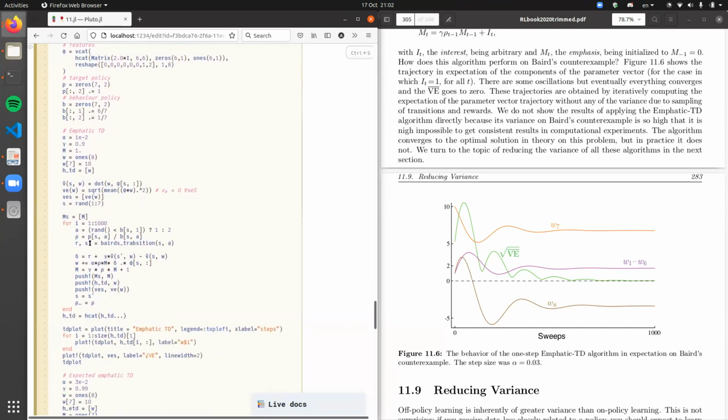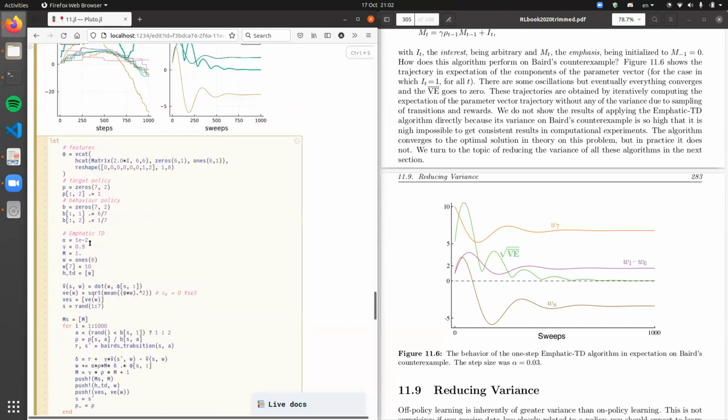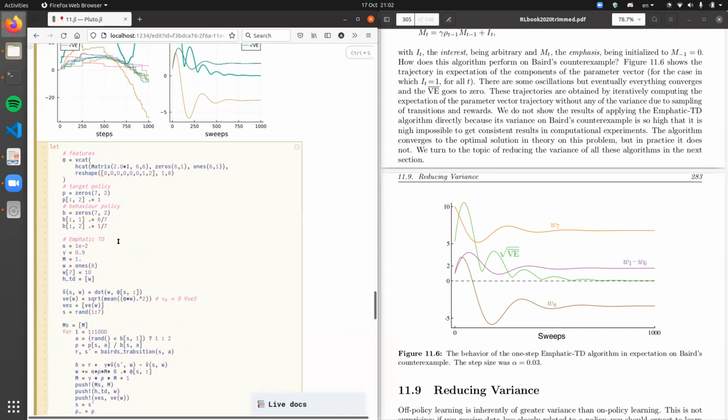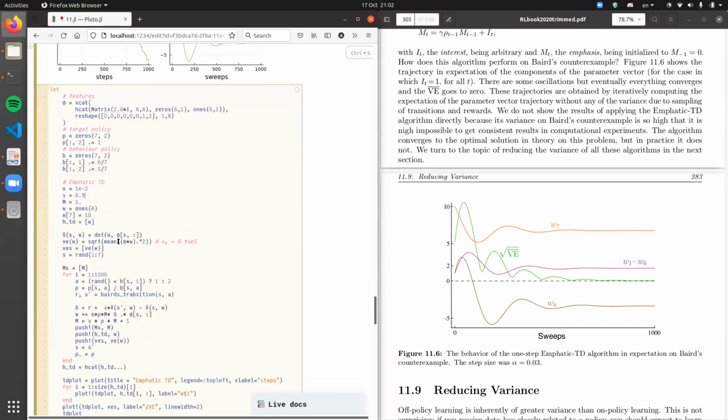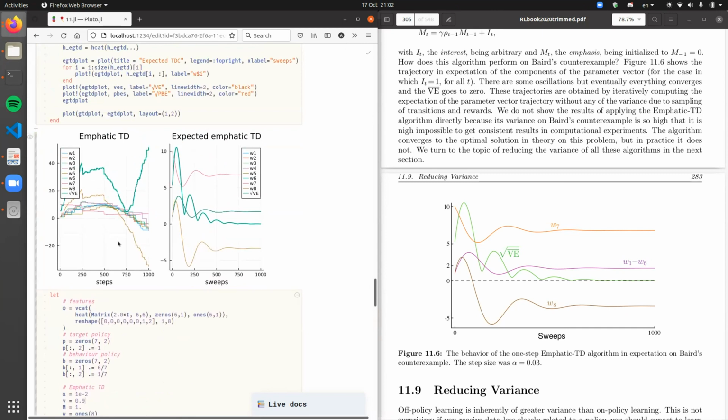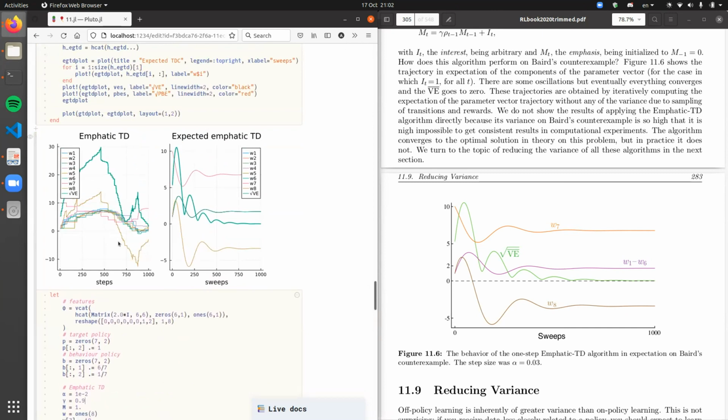Here I change the value from 0.99, as used in Baird's counterexample, to just 0.9, and let's see what happens. You can see that there is still a lot of variance, but this time it is substantially lower, I guess.